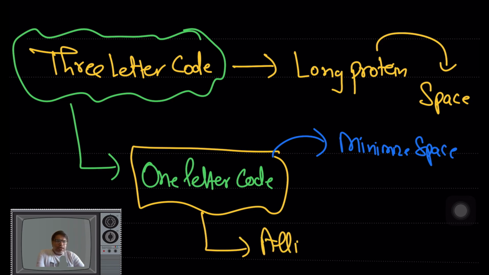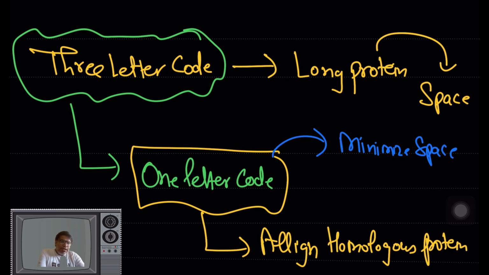Another important thing, when you use the 1-letter code, you can easily align homologous proteins. You can compare the sequences much more easily. So one thing is that it takes less space. Another, it makes it easy to align homologous proteins.